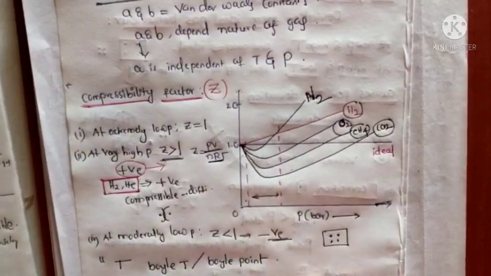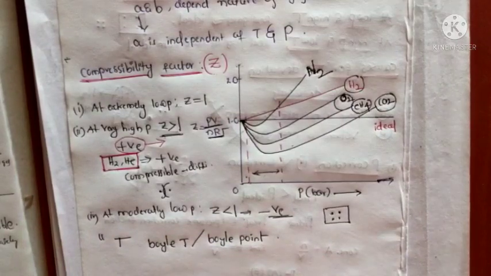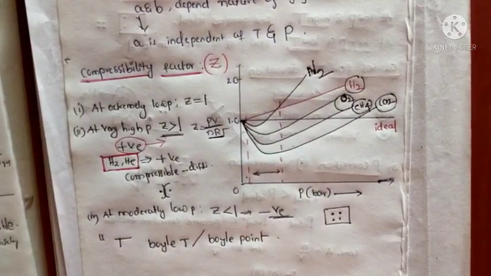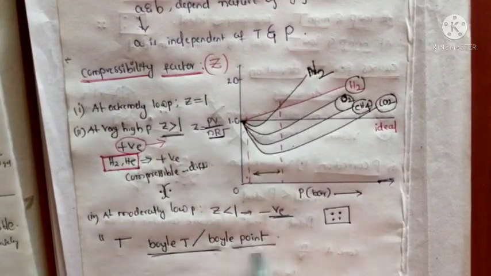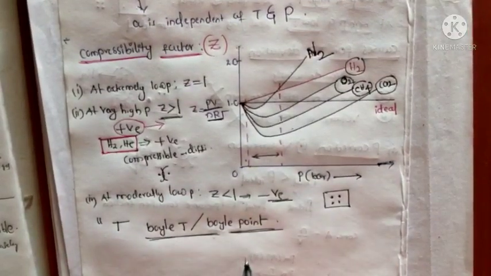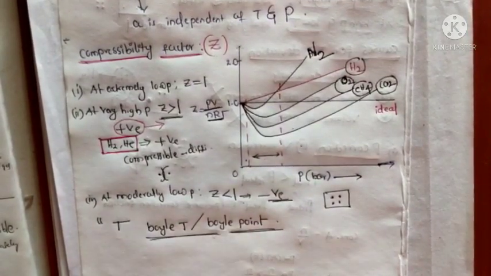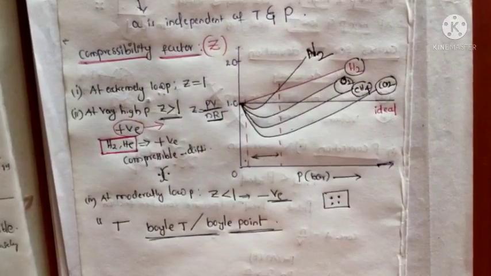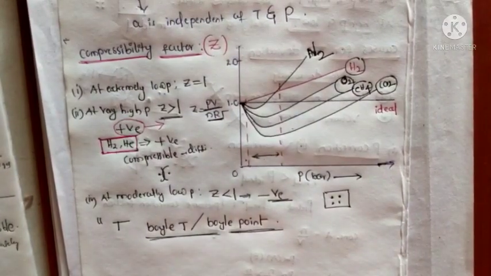Once again, the temperature at which a real gas obeys ideal gas laws over an appreciable range of pressure is called Boyle temperature or Boyle point. The Boyle point of a gas depends upon the nature of the gas.